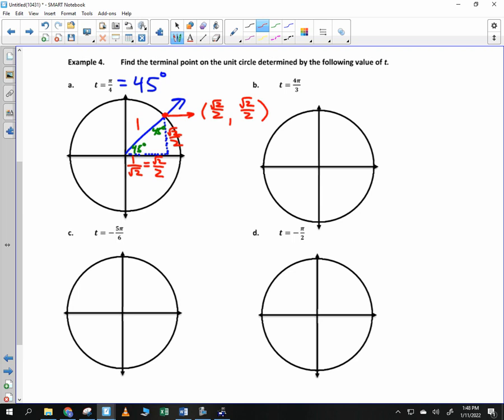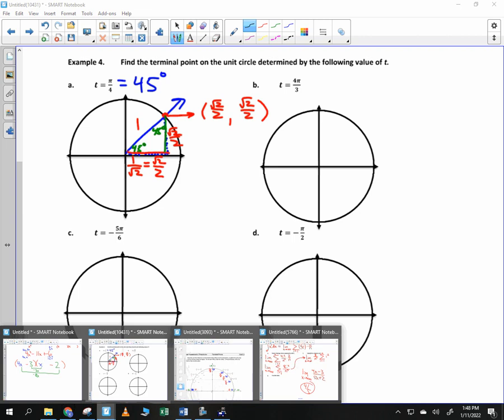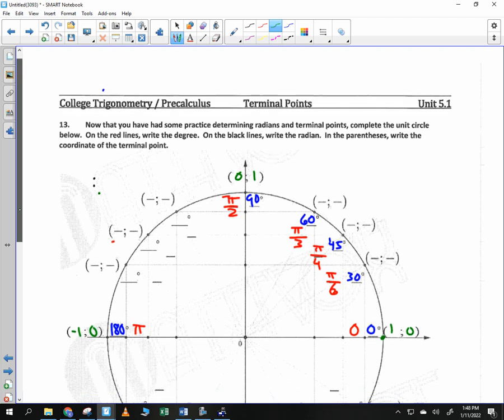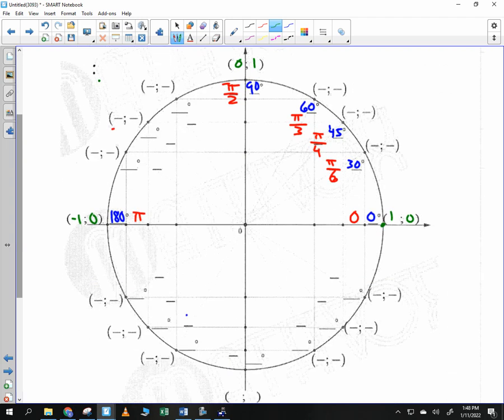So the x value is the horizontal component, and the y value is the vertical component. And that is your coordinate. So if we flip back to your worksheet that you're going to be doing, when you see this pi over 4 or 45 degrees, those correspond with a terminal point of root of 2 over 2 and root of 2 over 2. And you will use that many, many times before the year is over.